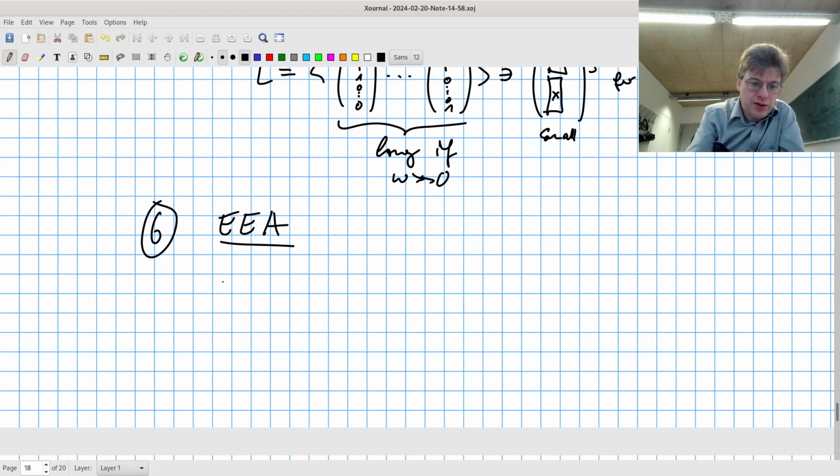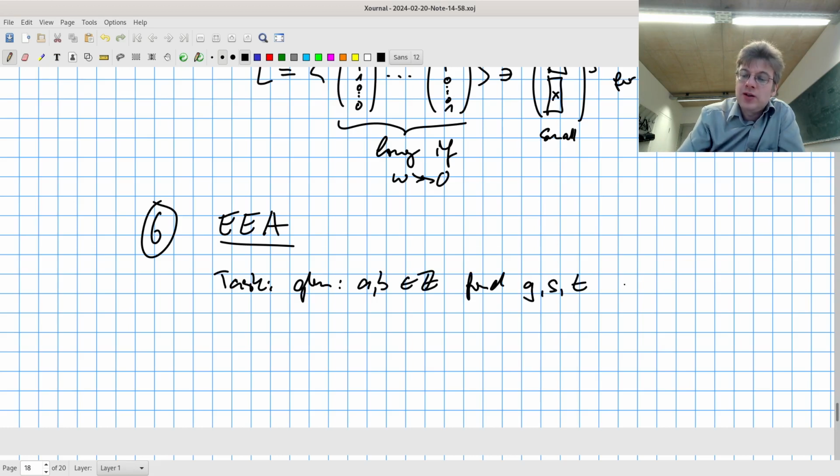And so the task is, given a and b integers, find g, s, and t such that g is equal to the integer GCD of a and b, and g is equal to sa plus tb.